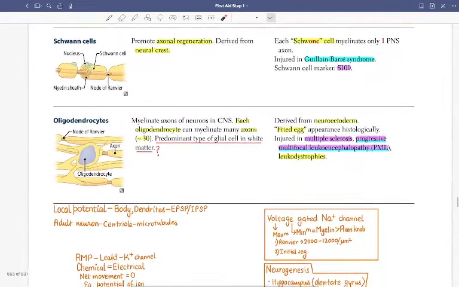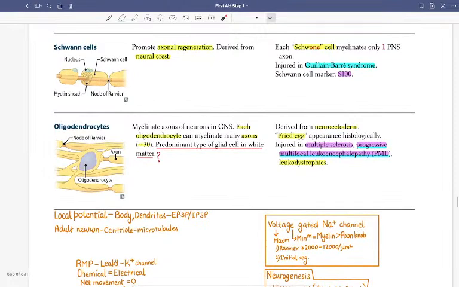Next is Schwann cells: they promote axonal regeneration and develop from neural crest. Neural crest was MPSC goal. Injured in Guillain-Barré, this is important. S100 is a marker that always comes. Basically, in Guillain-Barré, they ask which cell is injured.